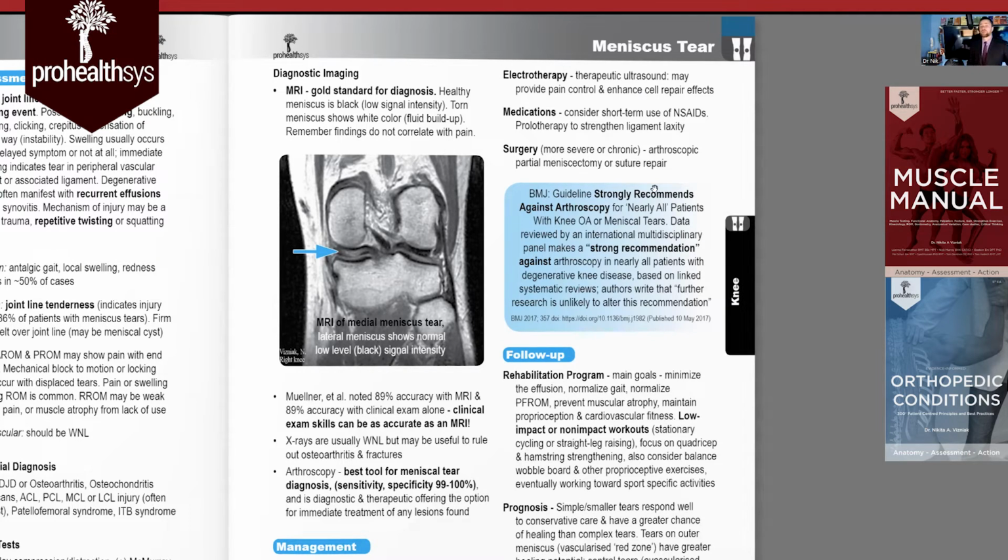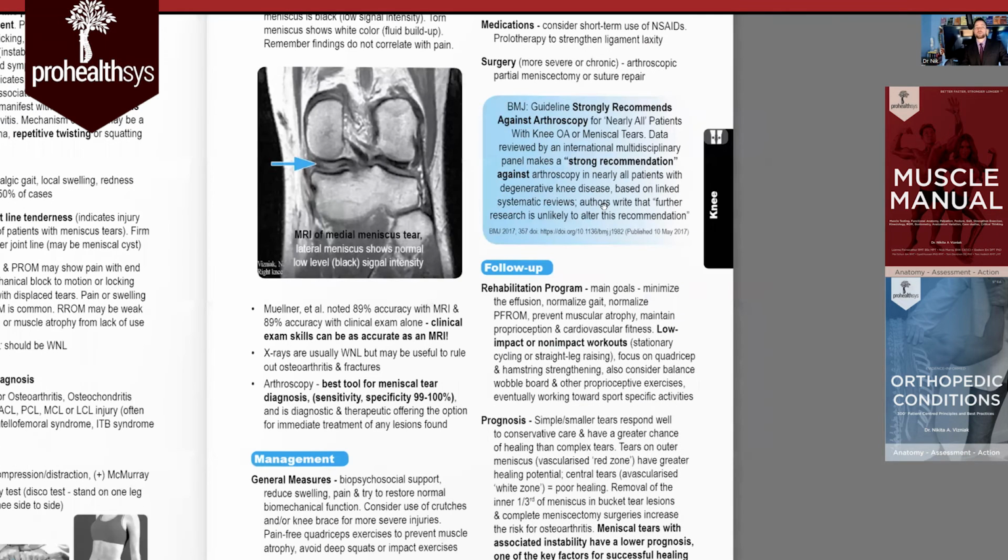However, I rarely quote an article directly like this, but this is from the British Medical Journal Guideline for Arthroscopy, and they say in nearly all patients with meniscus tears or osteoarthritis, arthroscopic surgery is not warranted. They have strong recommendations against this for degenerative changes in the knee from multiple systematic reviews.